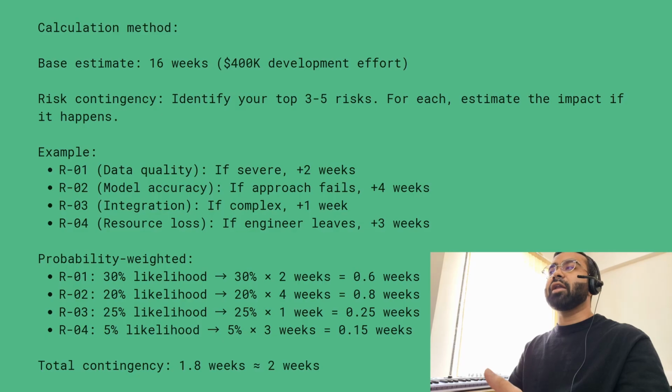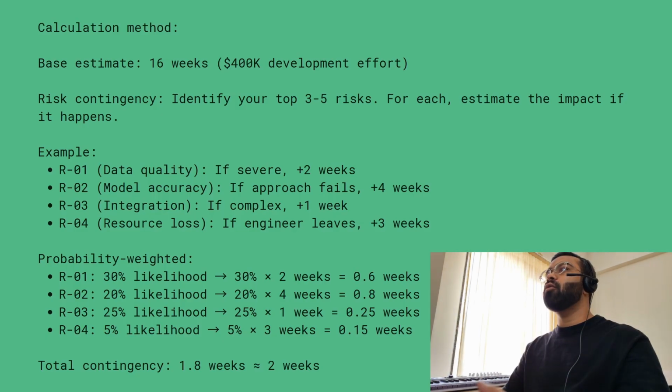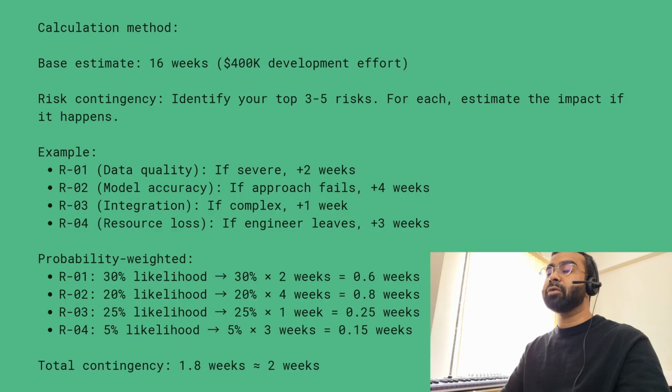Now, here's a calculation method. Let's say the base estimate is 16 weeks, $400,000 for development effort. For risk contingency, identify your top 3 to 5 risks. For each risk, estimate the impact if it happens. Example: if severe, plus 2 weeks.